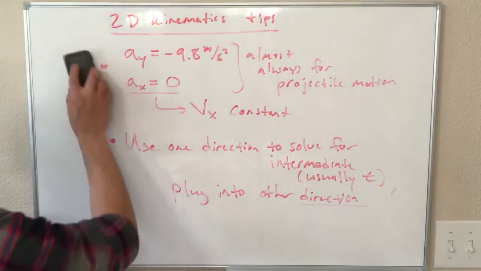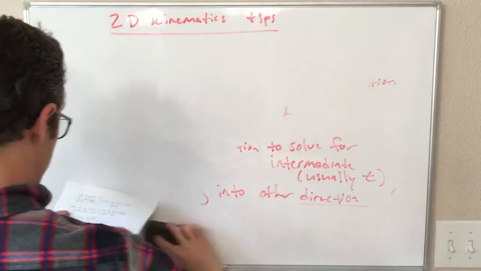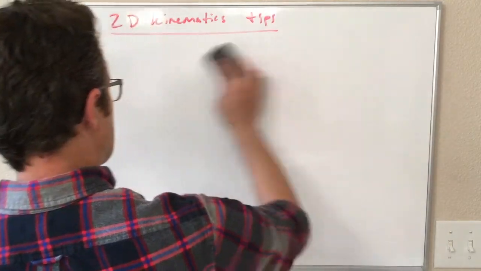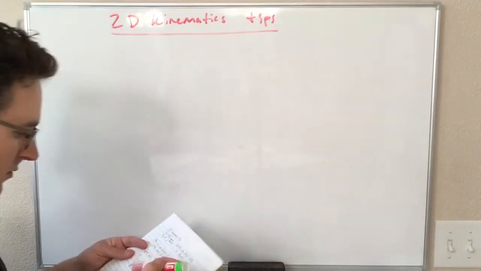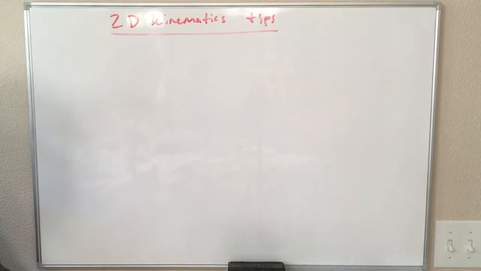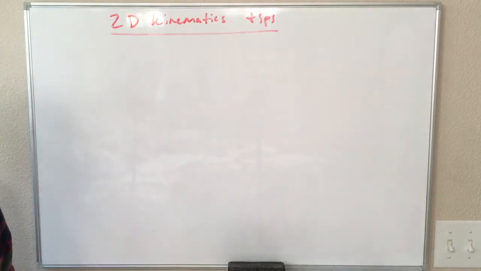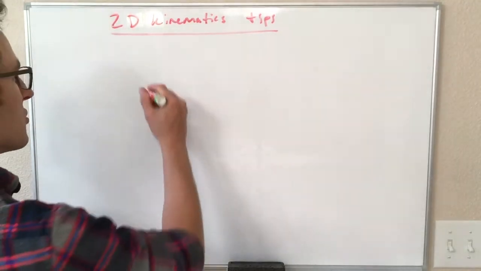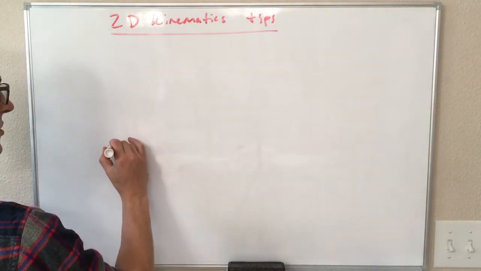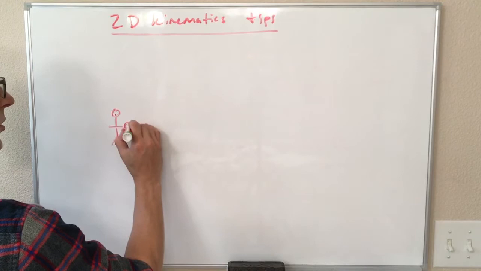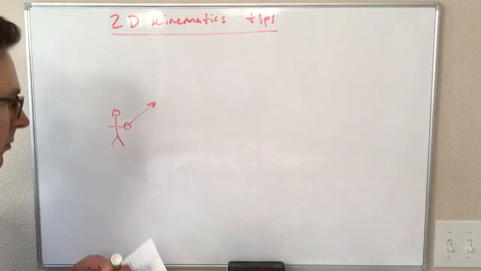Okay, I'm going to erase this to make room. We have one more tip, I guess. Before I talk about this, we're going to get to this tip by analyzing a little bit of motion here. Let's imagine that I have a person who throws a ball at an angle with some velocity.